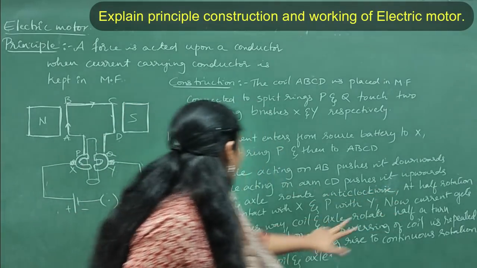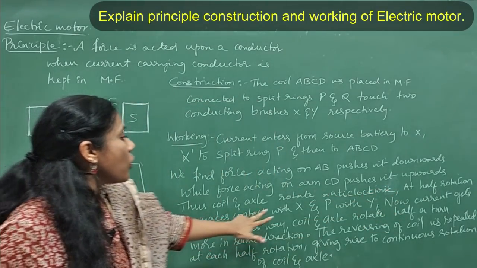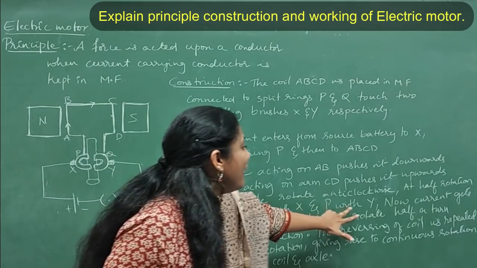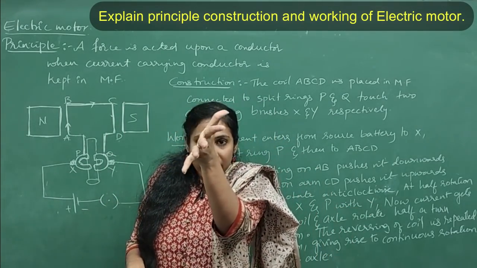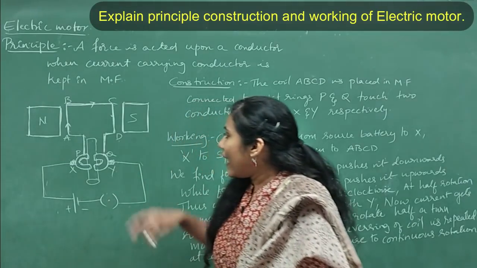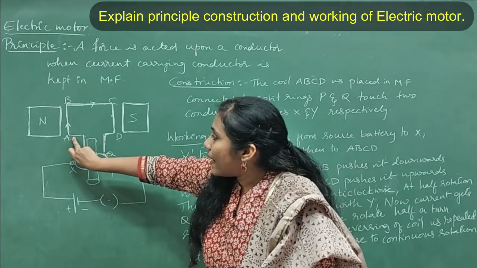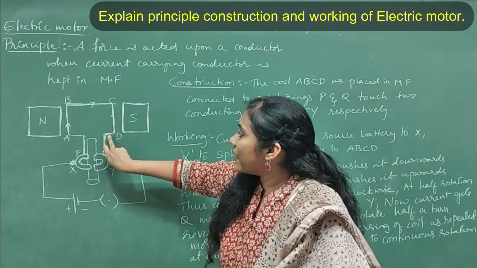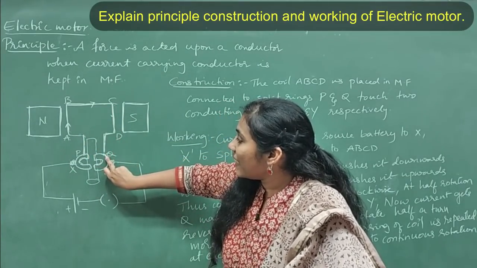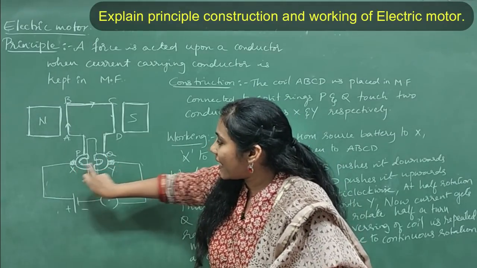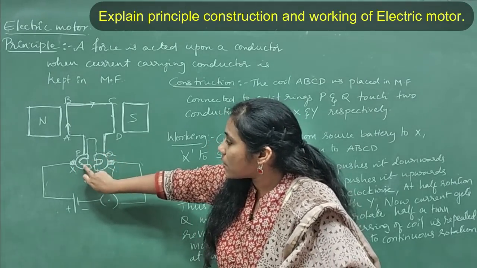At half rotation, Q makes contact with X and P with Y. Once the coil has rotated half the way, what will happen? This side is coming here and this side is coming here. That means the split ring Q is making contact with X. The coil is connected to the split rings, no?